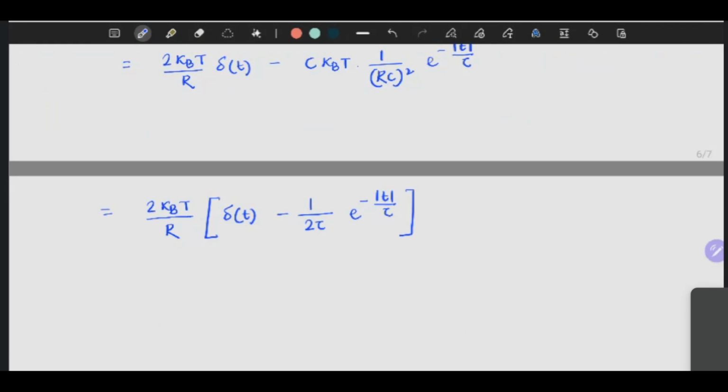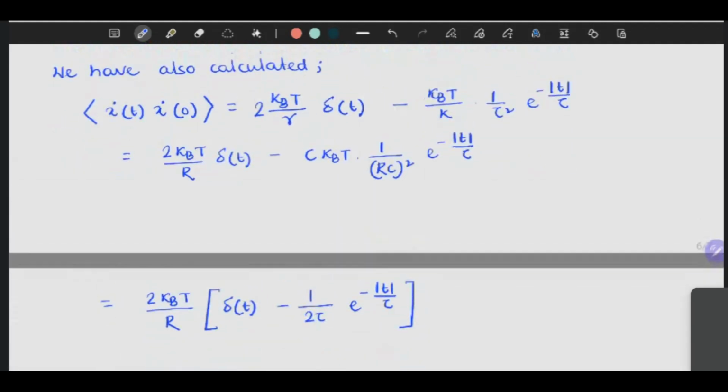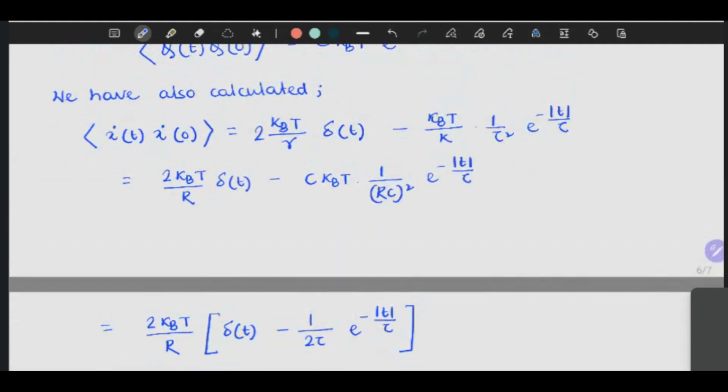So basically that will be the expression from the similarity thing, right?